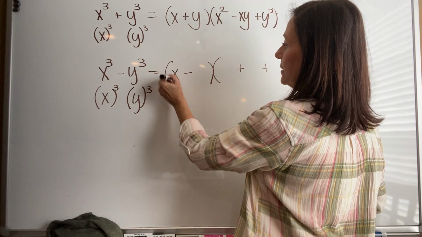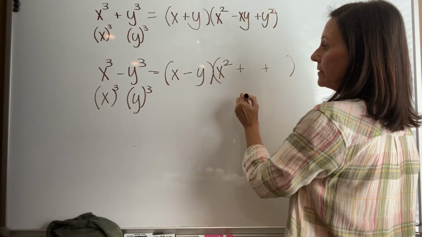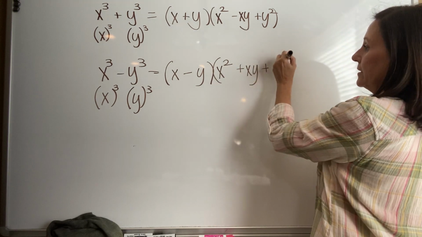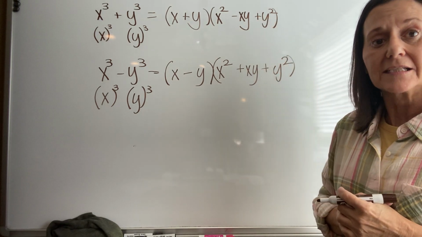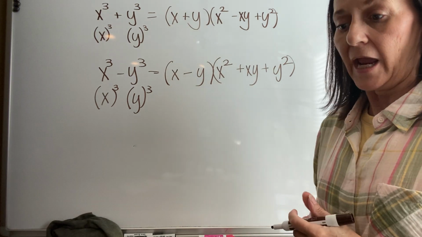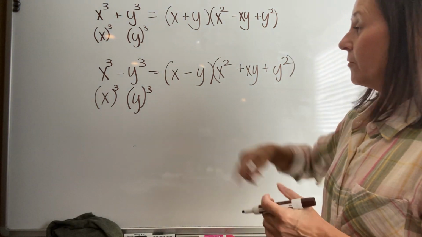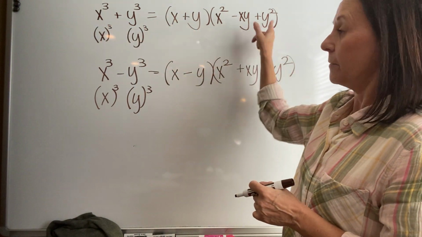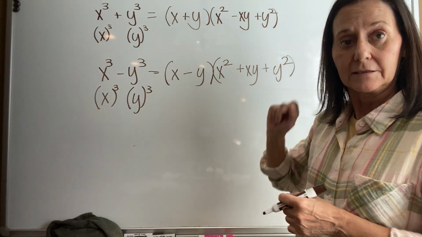It's the first one squared, the two multiplied, the last one squared. So you see the terms are exactly the same. The only thing that changed was the signs. So sum of cubes, plus, minus, plus. Difference of cubes, minus, plus, plus.